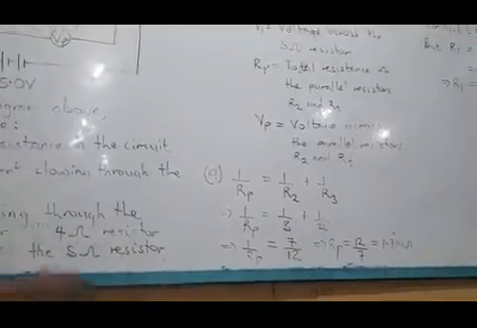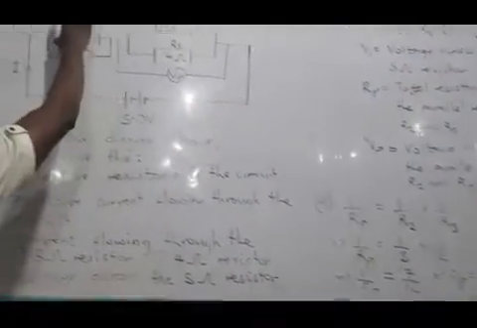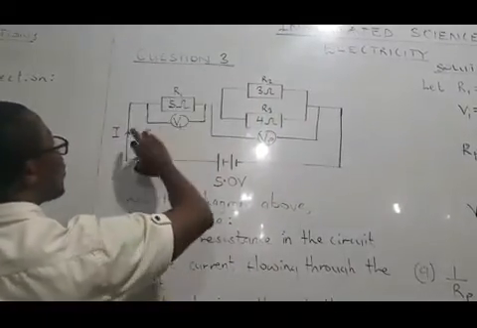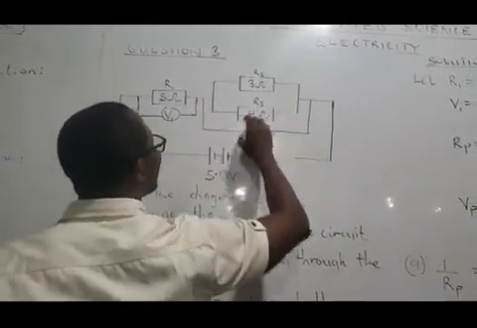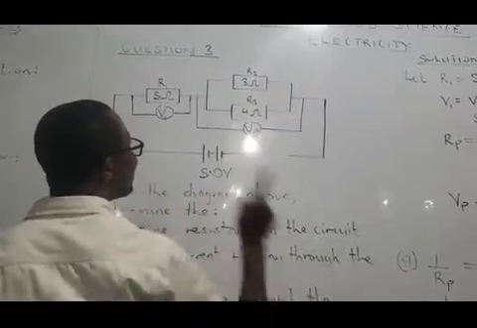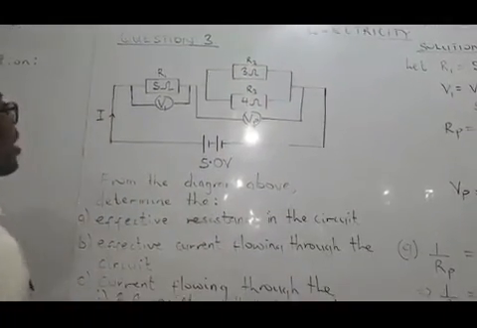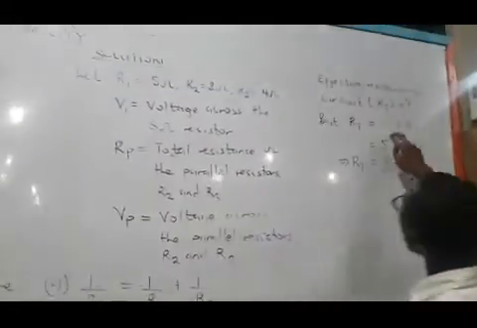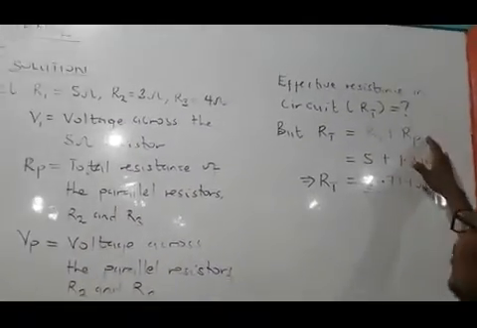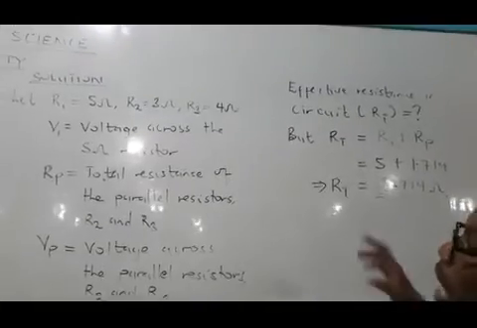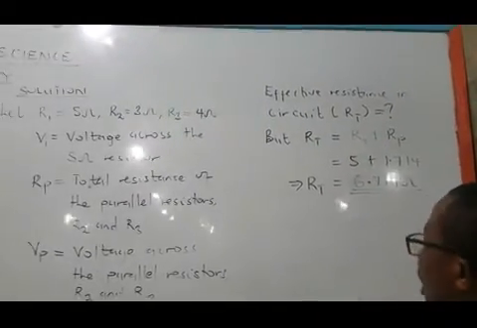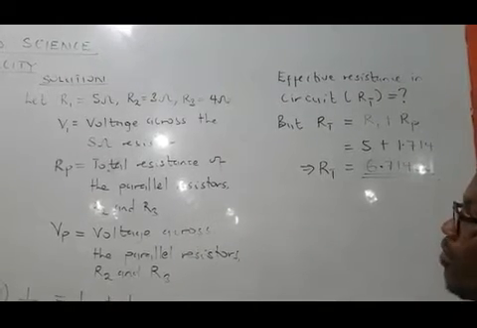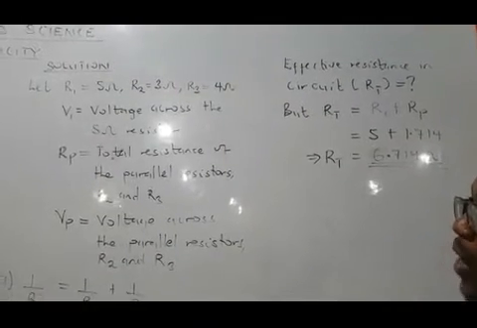Now to get the overall total in the circuit, you add the resistor that is in series with the parallel connection, which is R1, to the total of the parallel resistors, RP. So the effective resistance in the circuit will be equal to R1 plus RP. R1 is 5 ohms, we've calculated RP as 1.714, and adding gives 6.714 ohms. Okay, so that's for question 1.